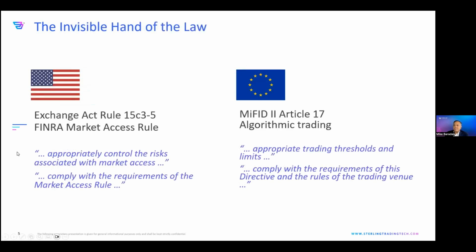Okay, so before we get to that, of course, there's a reason we have all these different risk controls in place in the order management system. It's definitely important to manage the firm's risk, the customer's risk, or an exchange's risk, but these regulations also come about, and I've selected probably two of the more well-known ones, more like umbrella regulations. In the United States and in the EU, there's the FINRA market access rule in the US, sometimes you may hear us call that 15c3-5, and Article 17 of MiFID II on algorithmic trading.